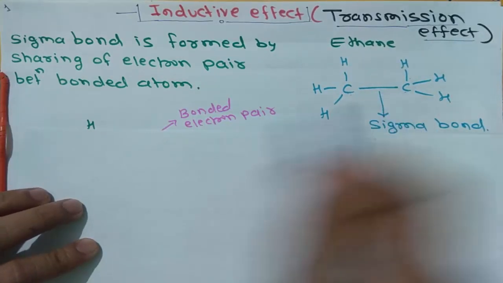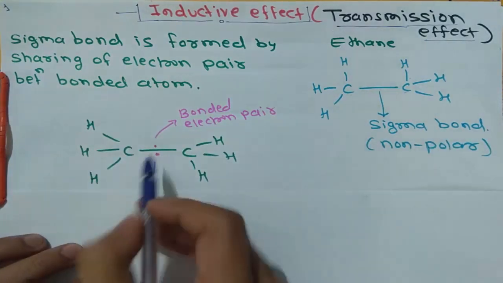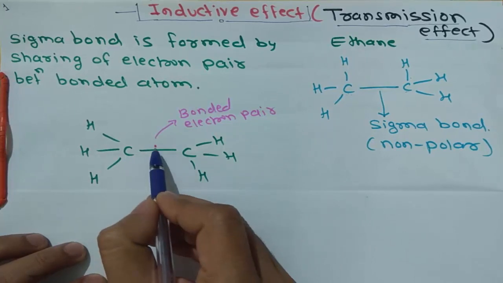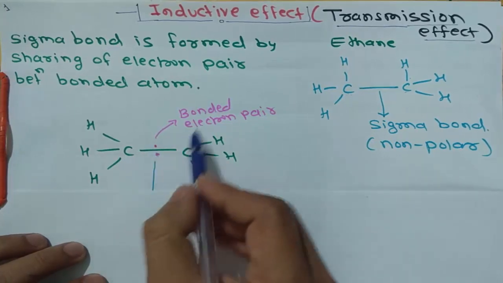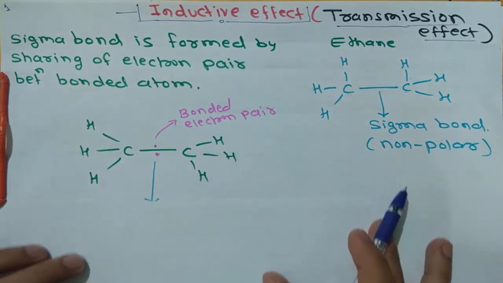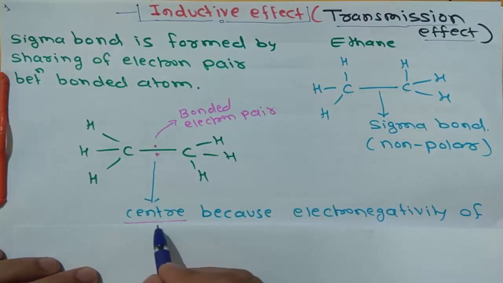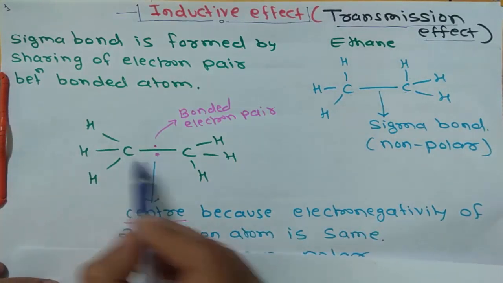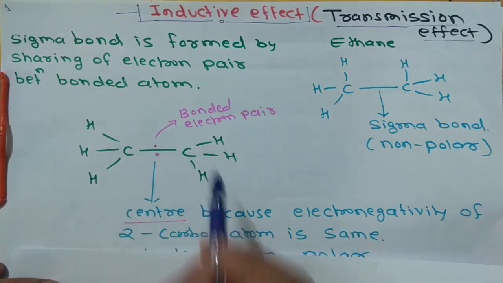Here we can draw this molecule like this. This is the sharing of a pair of electrons between the two carbon atoms, and this shared pair of electrons is also called the bonded electron pair. These bonded electron pairs remain in the center. Why? Because the electronegativity of the two carbon atoms is the same.